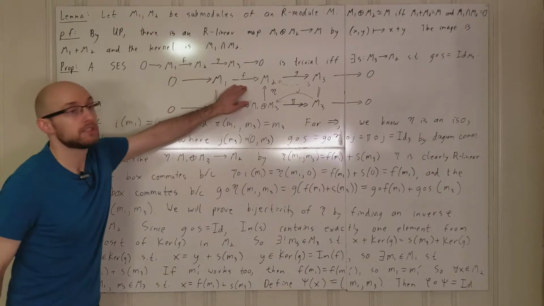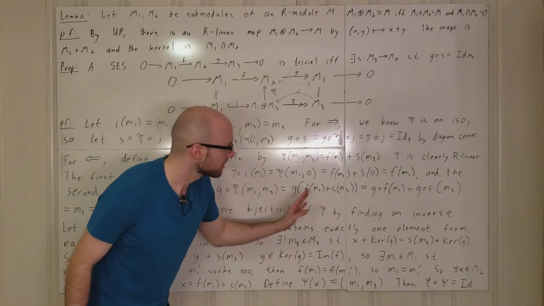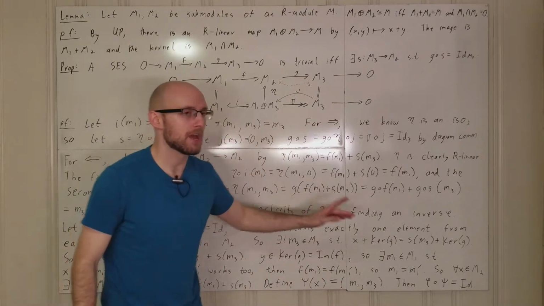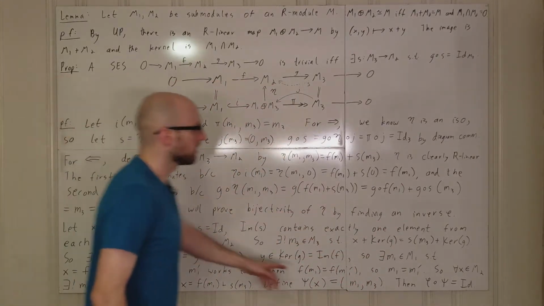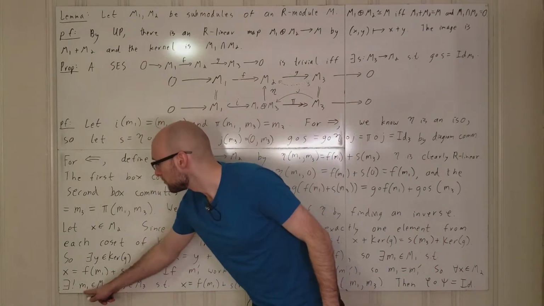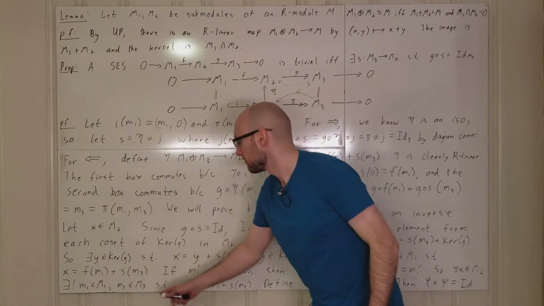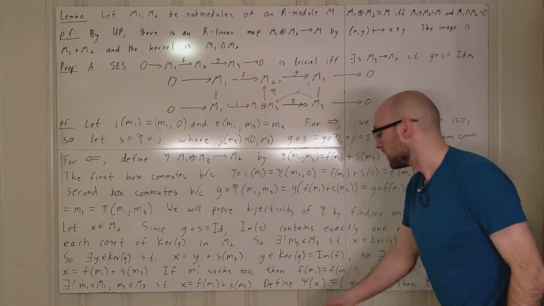But because this is a short exact sequence, f is injective. So if f of m1 equals f of m1 prime, then m1 must equal m1 prime, and so we have uniqueness. So for every single x in capital M2, there are unique elements m1 in capital M1 and m3 in capital M3 such that x is f of m1 plus s of m3.